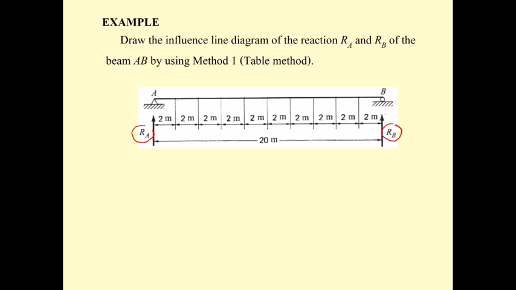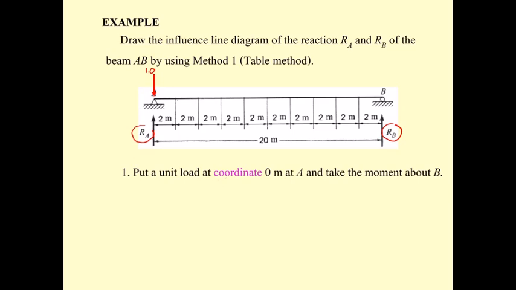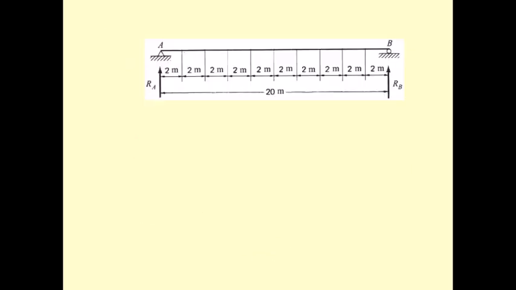By this concept, we are going to move the load step by step and compute R sub A and R sub B. First, we put the unit load, it's always a unit load, at the coordinate 0 meter at A, and take the moment about B. We can see that R sub A is going to be 1.0. And if you take summation F sub y equal to 0, you get R sub B equal to 0. That's the first step.